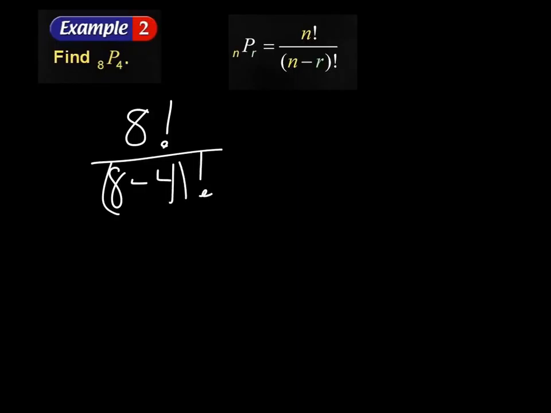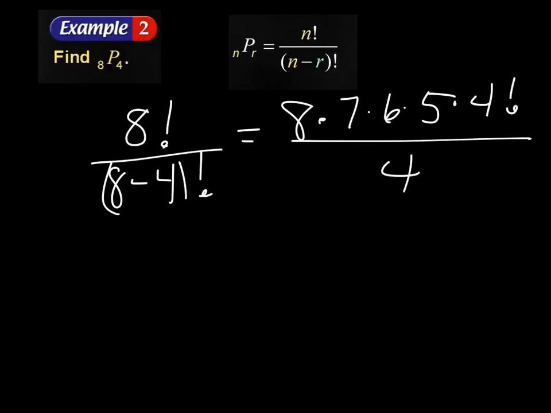So if I want to find the permutation of 8 things taken 4 at a time, I've got 8 factorial over 8 minus 4 factorial. I'm going to shortcut myself this time: 8 times 7 times 6 times 5 times 4 factorial, because anything divided by itself, even 4 factorial, is 1.